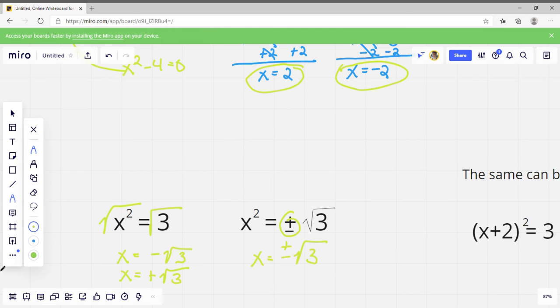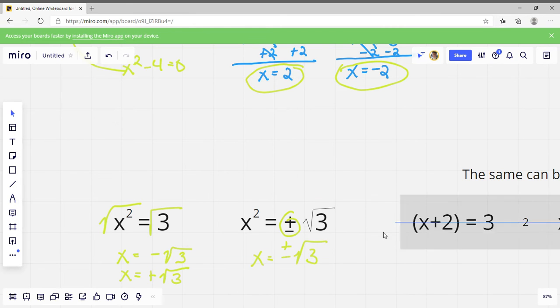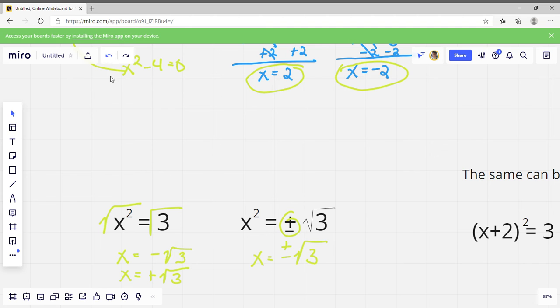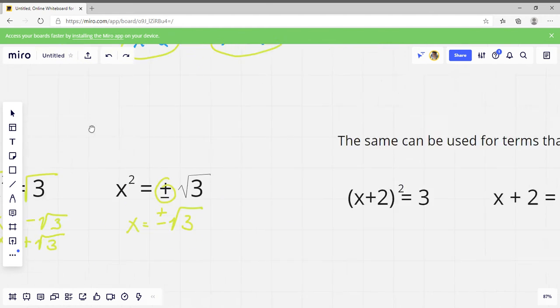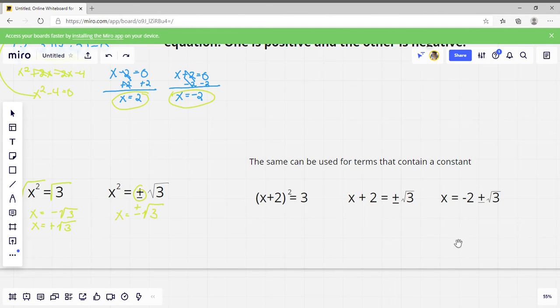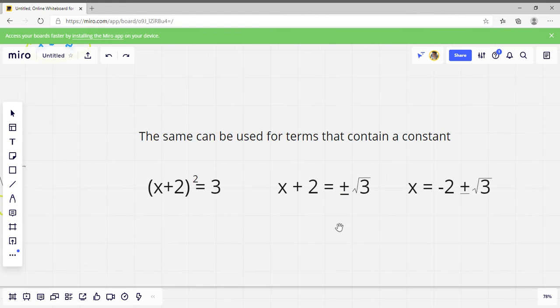The same idea can be used for terms that have a constant. On this one, we've got this whole thing right here, x plus 2, squared. If we square root this whole thing and square root this whole thing, we're going to have x plus 2, as the radical sign just eliminates that square, equals the square root of 3.